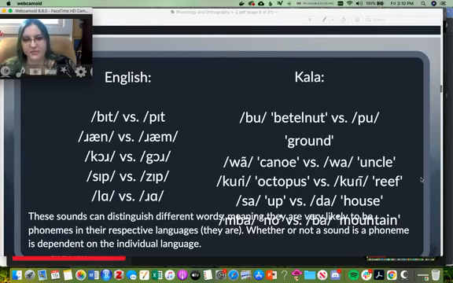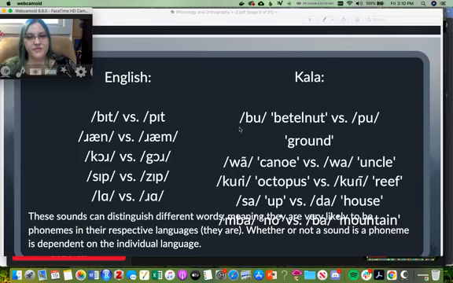Some examples in English are bit and pit, ran and ram, core and gore, sip and zip, and law and raw. So here we see a difference only in one segment, and it's in the same position. If you switch it out, it changes the meaning of the word. The word's identity is now different.